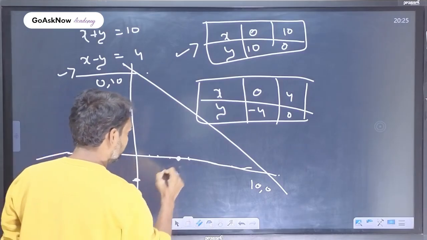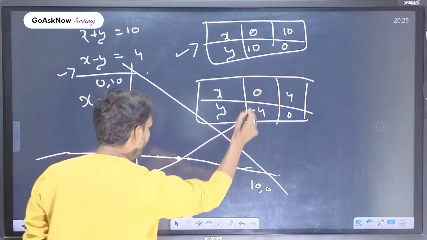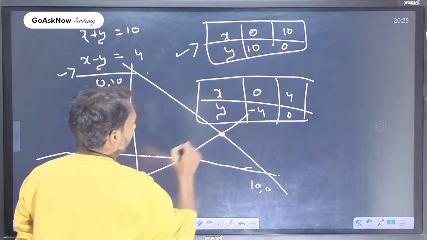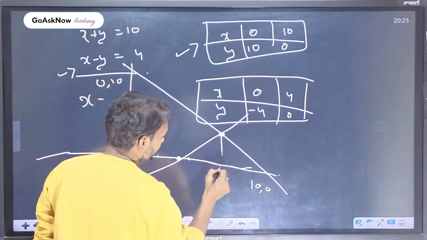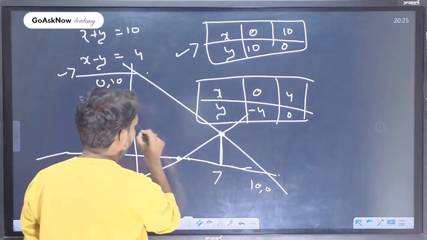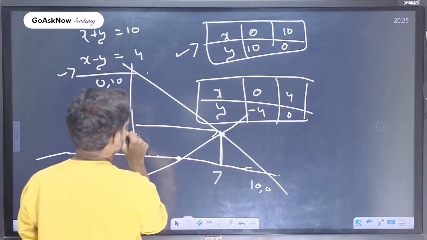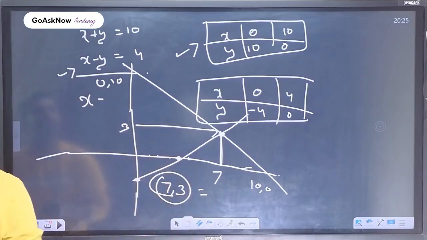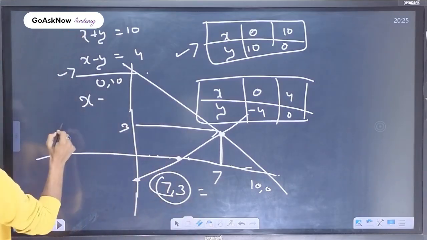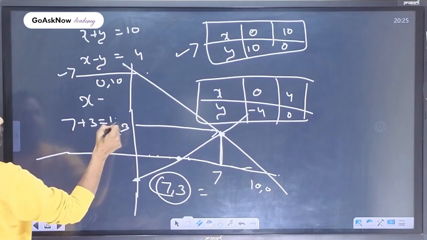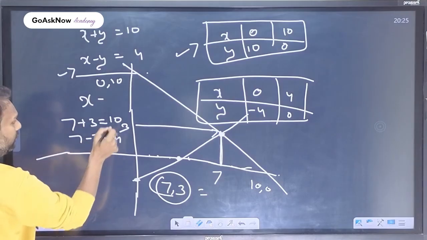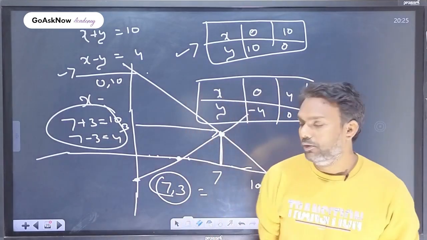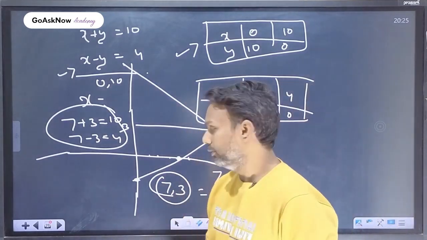Somewhere over here they meet. In the graph, you will see that at this point x is 7 and y is 3. So the answer will be 7 and 3. You can also verify that 7 plus 3 is equal to 10 and 7 minus 3 is equal to 4. You will have to do this graphically in your notebook.